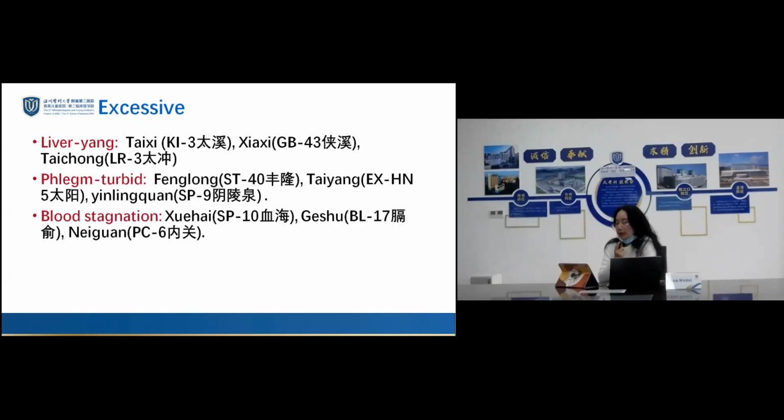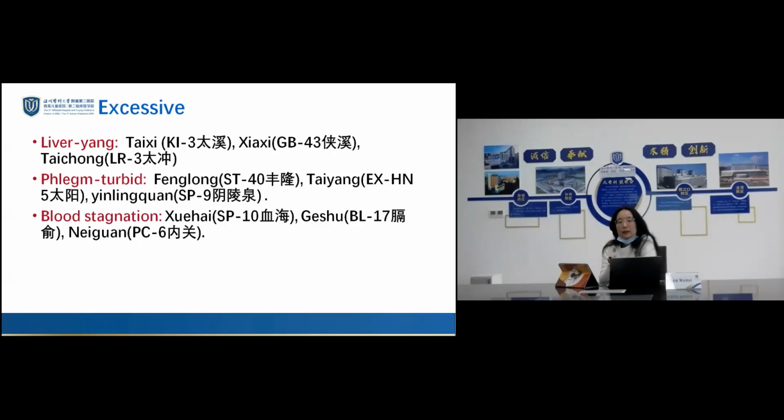And then you can choose Taiyang, head and neck number 5, and Yinlingquan spleen 9, which I have introduced to you, is to tonify the spleen and wipe out the dampness.